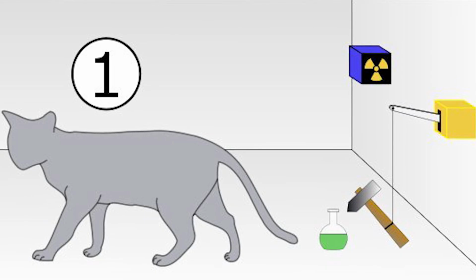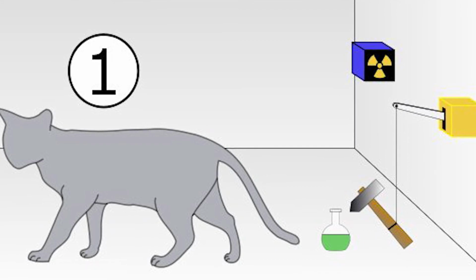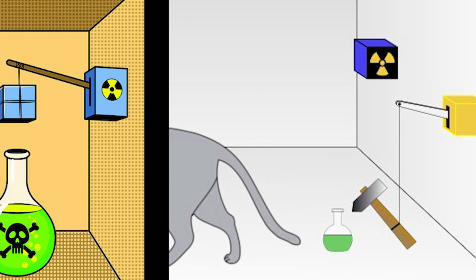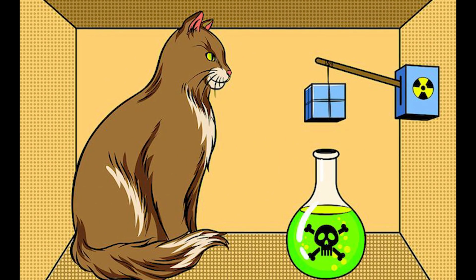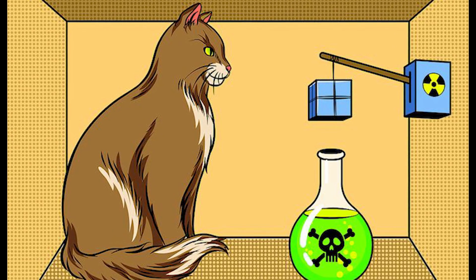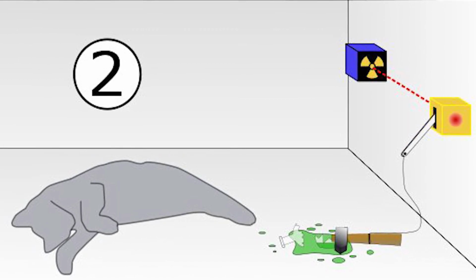In this thought experiment, a cat, a flask of poison, an internal monitor, and a radioactive source are placed in a sealed box. If an internal monitor, that can be anything like a Geiger counter, detects radioactivity, that is, a single atom decaying, the flask is shattered, releasing the poison, which kills the cat.